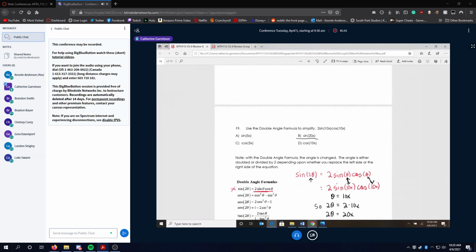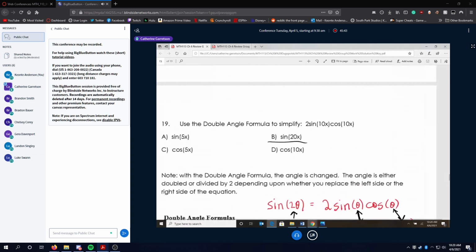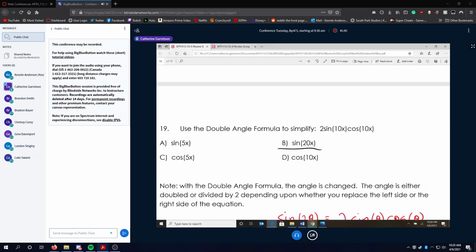Okay, we're on number 19. Use the double angle to simplify 2 sine 10x times cosine 10x. The double angle is either going to double the angle or it's going to half the angle, depending upon the direction you go.